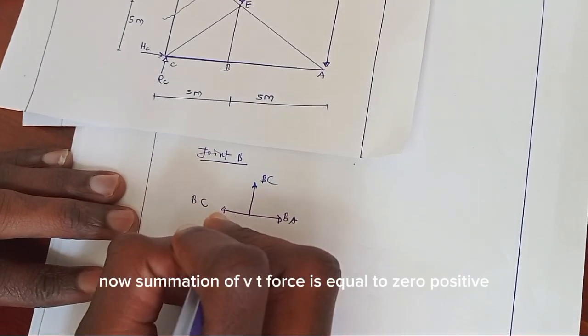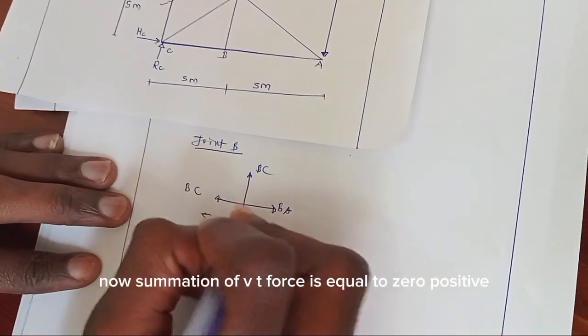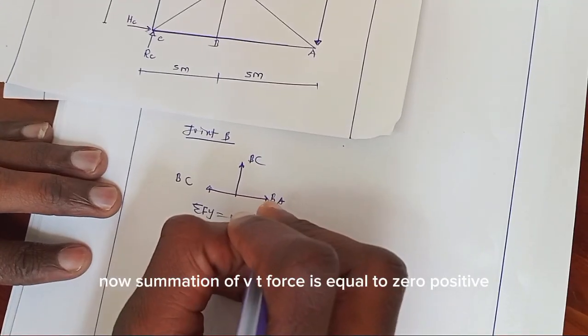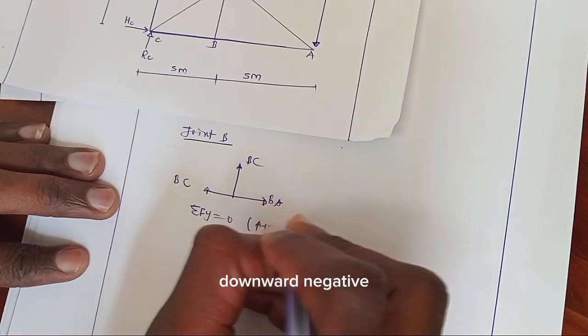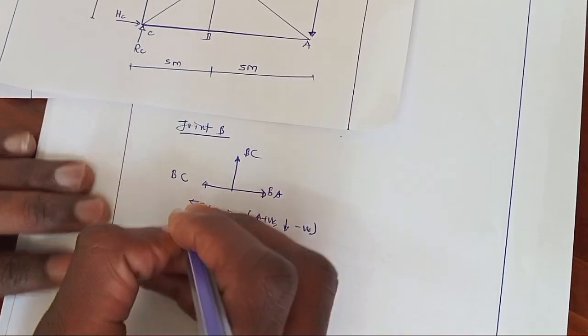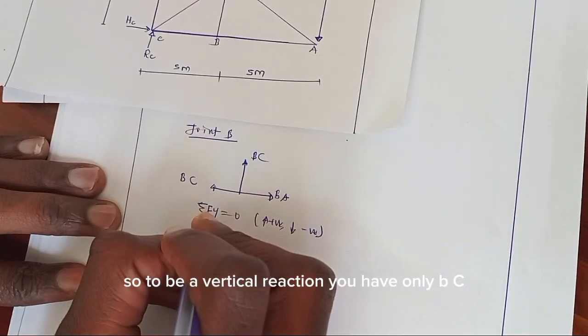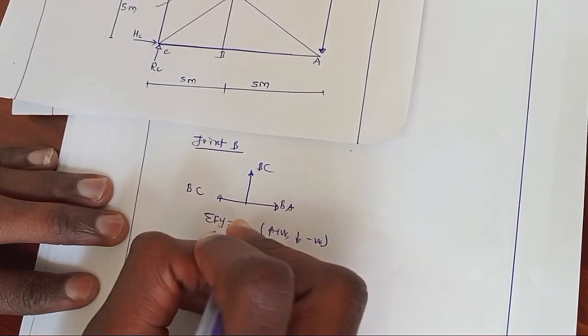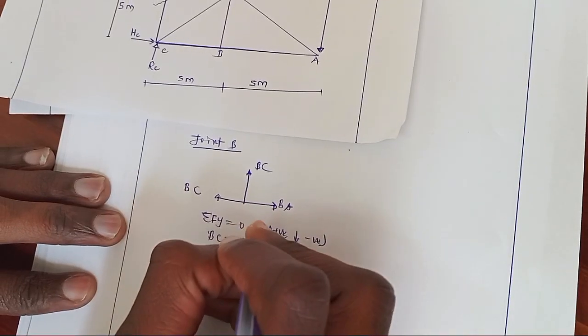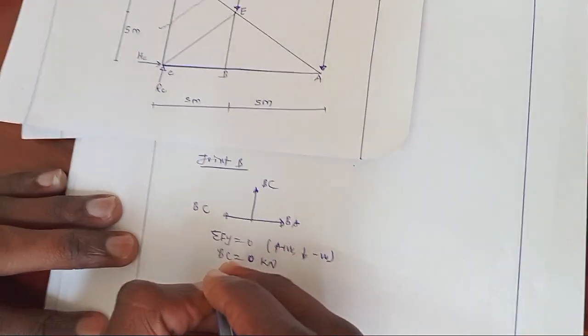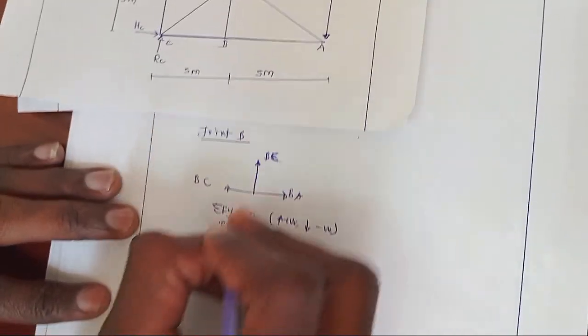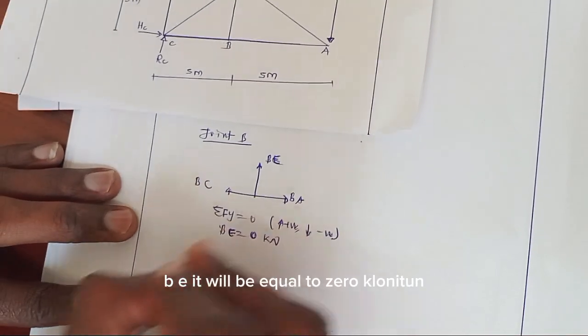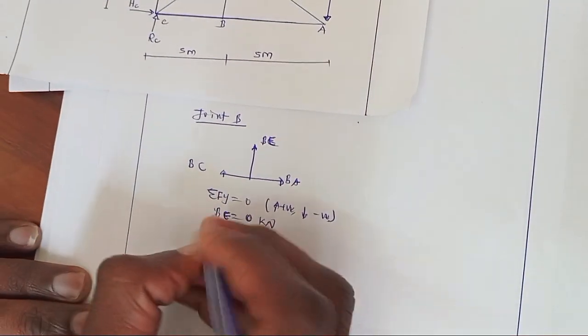Now, summation of vertical force is equal to 0. Positive upward, negative downward. So for vertical reaction you have only BE. So BE will be equal to 0 kilonewton.